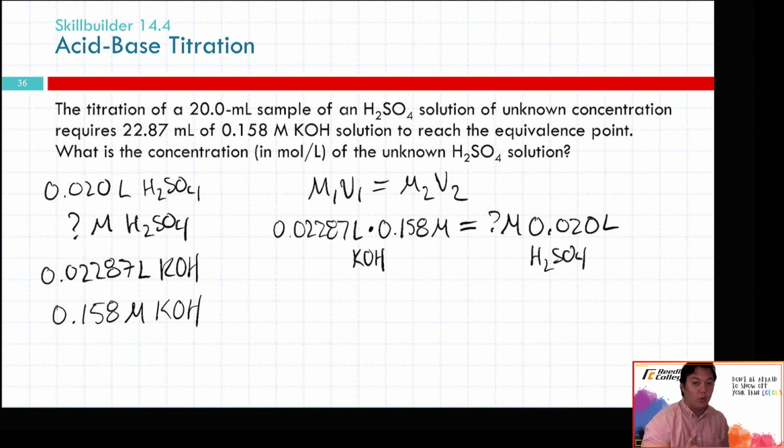H2SO4. Because what we want to know is not what the molarity is after we've added our potassium hydroxide. We want to know what the molarity was before we added our potassium hydroxide.